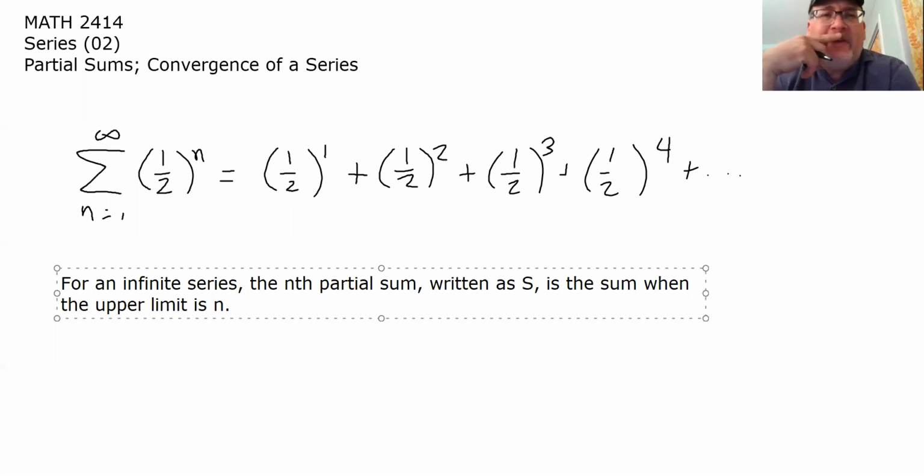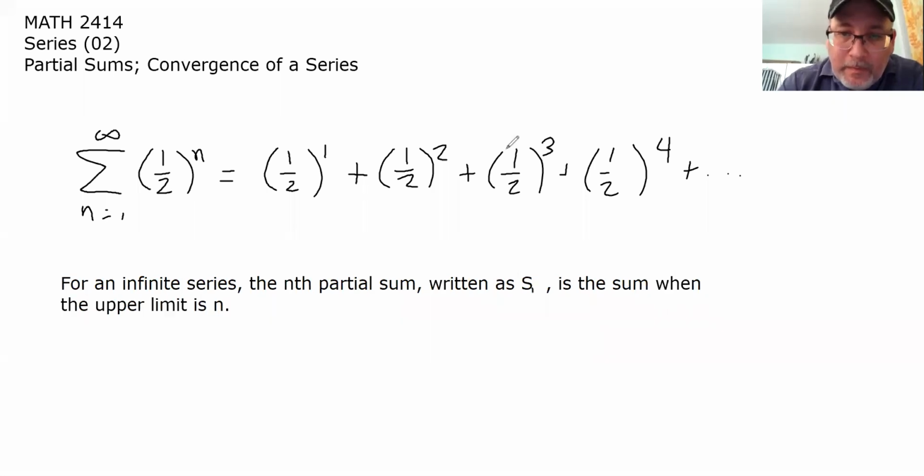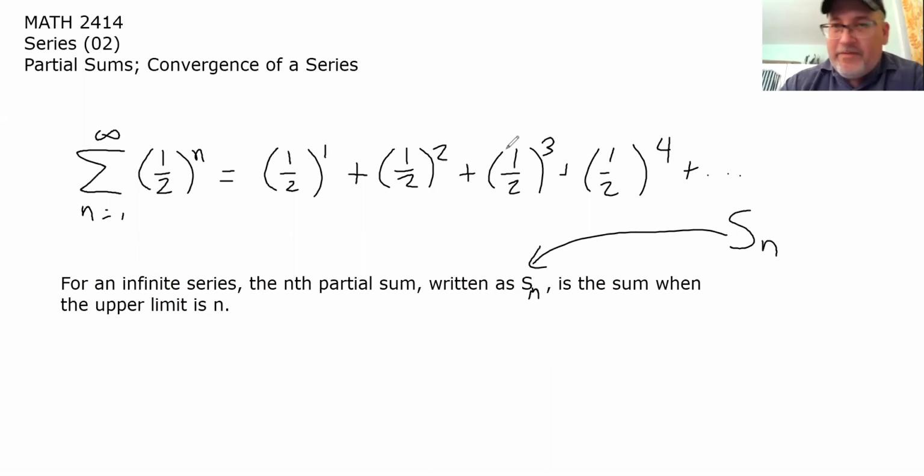Now, I'm kind of painting myself into a little corner here, because when I talk about the nth partial sum, I didn't leave space after the S to write the subscript. Give me 1 second. Okay. There. It's supposed to look like this. Not a very good job of it.